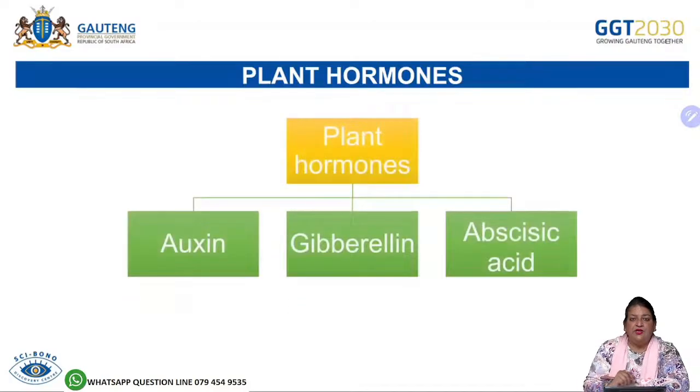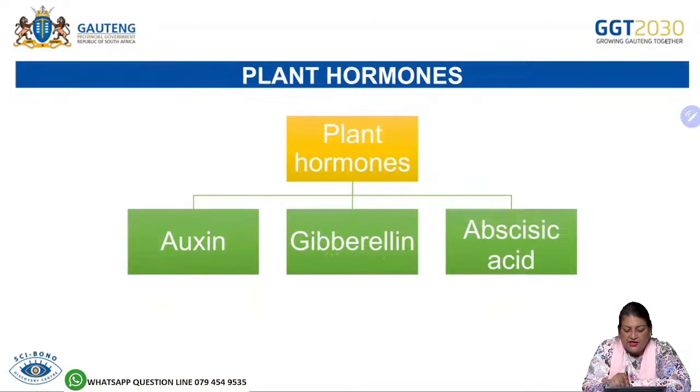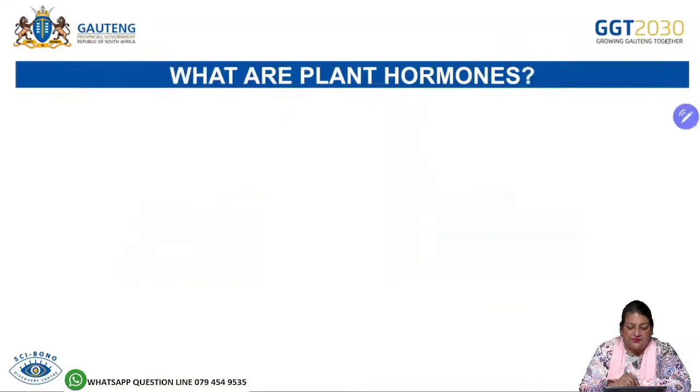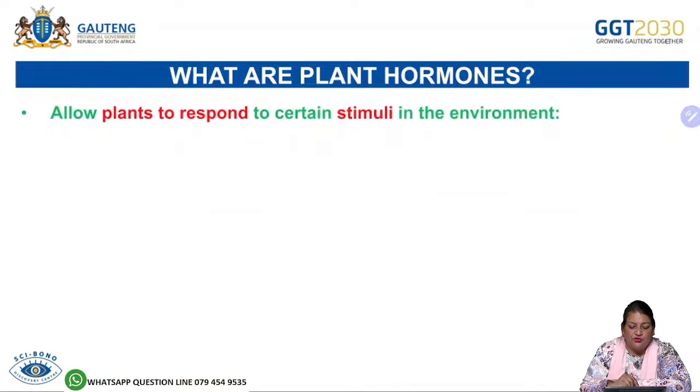Right. So now here are the 3 categories of your plant hormones: auxins, gibberellins, and abscisic acid. What are plant hormones? First of all, learners, plant hormones differ a little bit from the hormones that we look at in animals. They say plant hormones are not actually true hormones because they react in the part where they are produced.